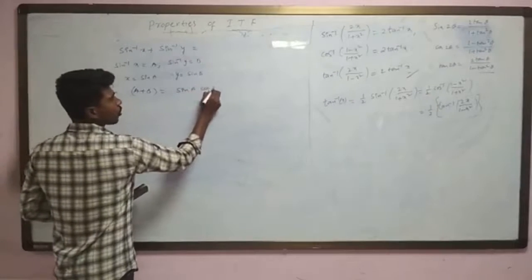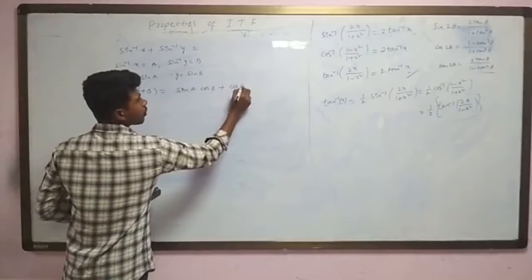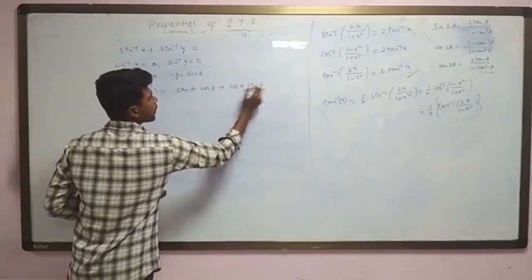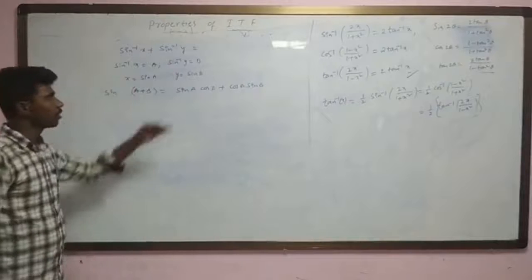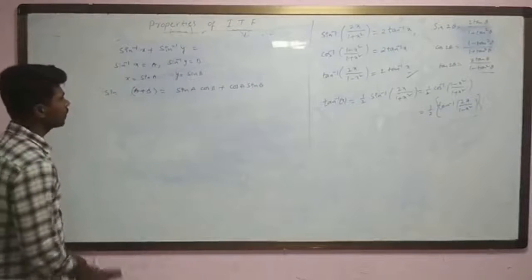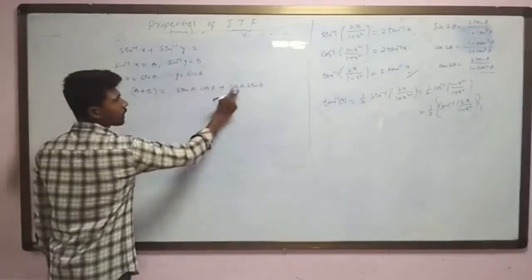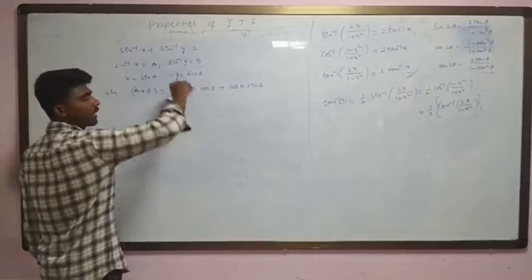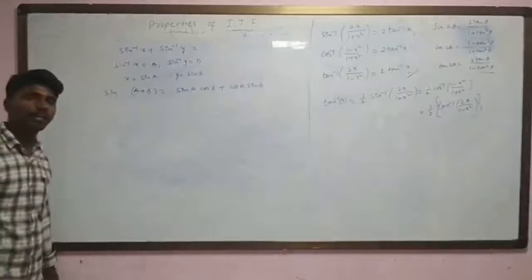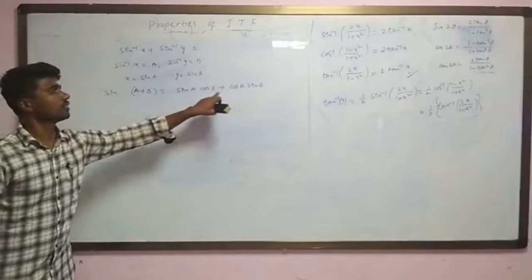Sin A cos B plus cos A sin B. See, I have sin A and I have sin B. I don't have cos A and cos B. With the help of this, I have to find out cos A as well as cos B.